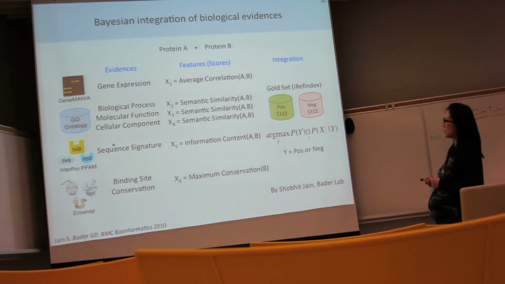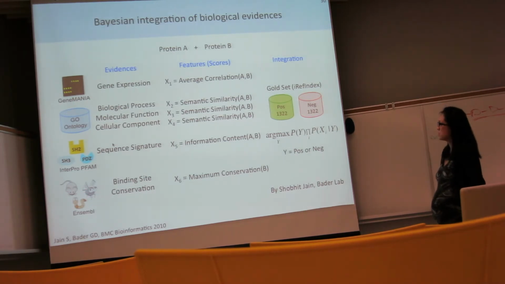So for instance, we compute the average gene expression correlation between protein A and protein B, or we determine the amount of similarity in biological process or molecular function or cellular location of the two proteins, or we calculate whether or not a given domain in protein A and a given domain in protein B co-occur, or we calculate the maximum conservation of the protein tails according to various model organisms.